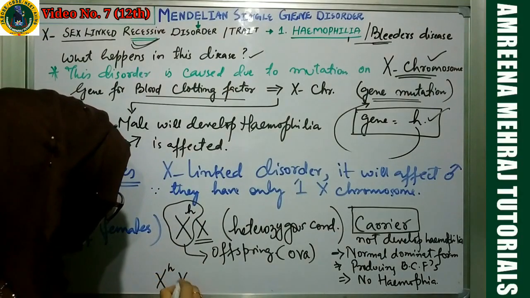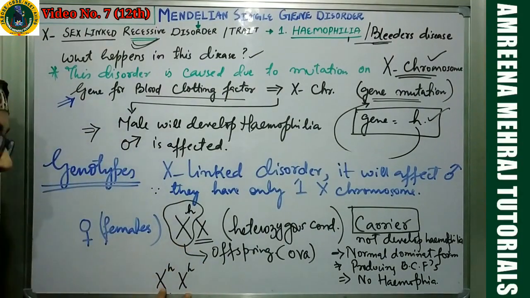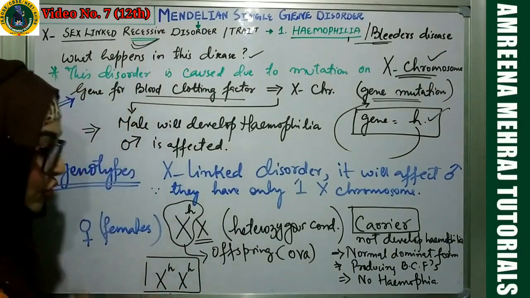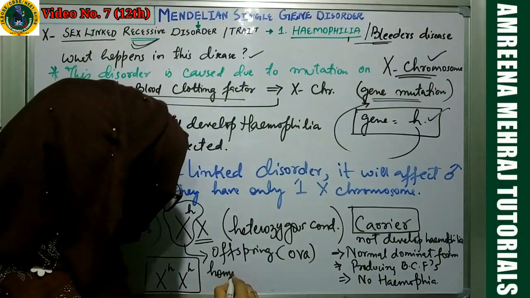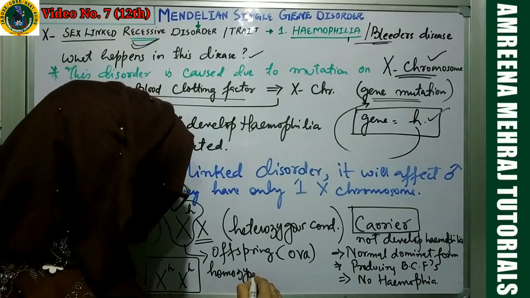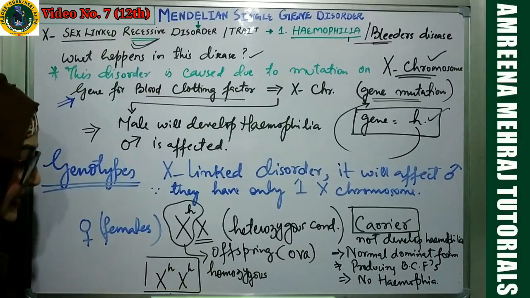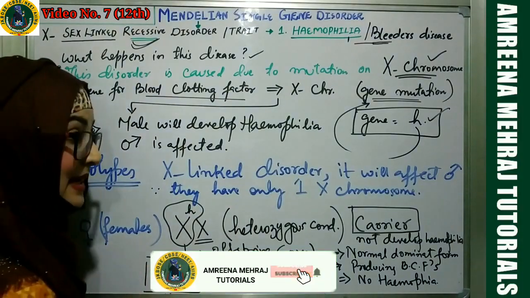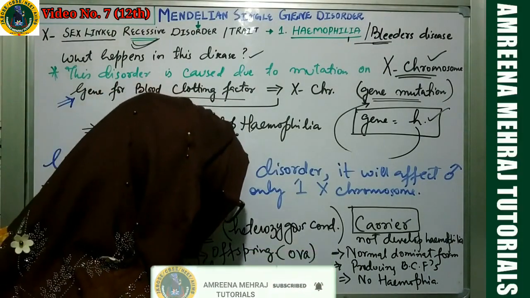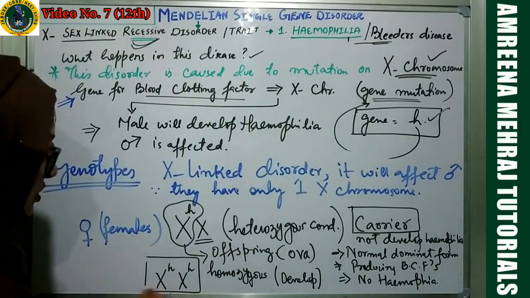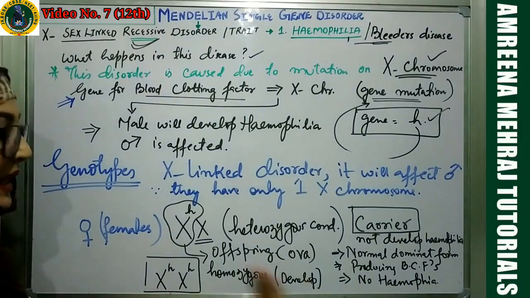The other condition is XhXh. What is this condition? Female, but now the mutation has happened to both X chromosomes. The condition has become homozygous as far as mutation is concerned. Both of the genes are mutated. Now, in this condition, the female will also develop hemophilia because there is no possibility for getting the blood clotting factors.